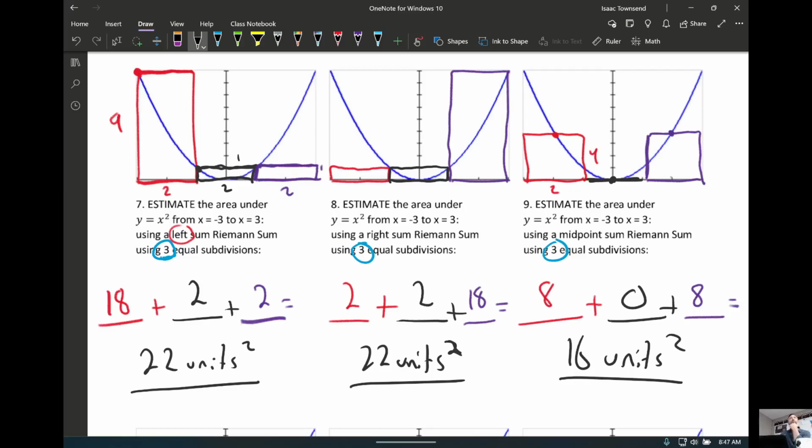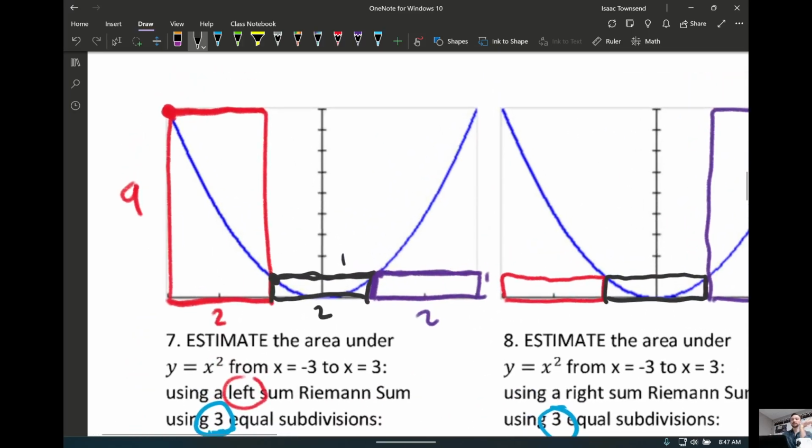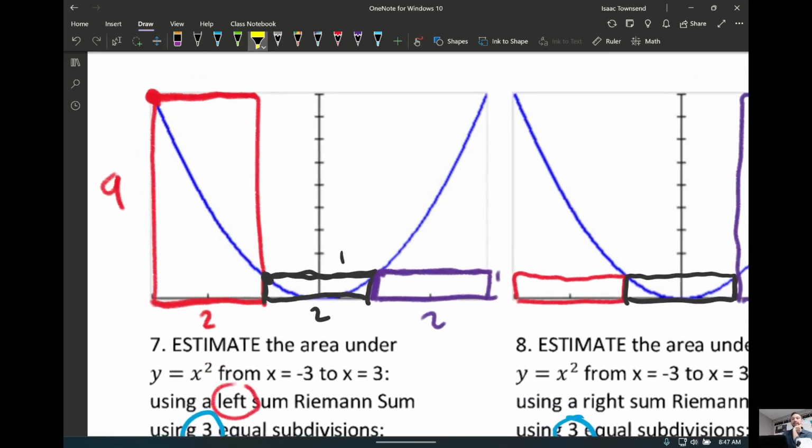But even though this is only 3 rectangles, these are fairly reasonable estimates, because notice on these, each one of these included some area that wasn't supposed to be part of the problem, like here and here. But then it missed some area that it was supposed to include, like this.